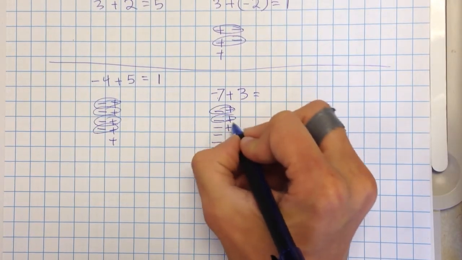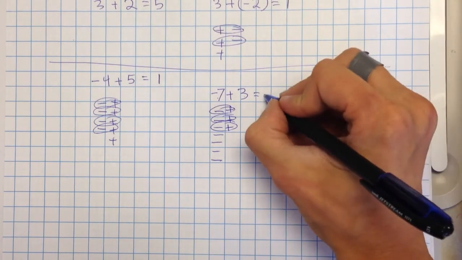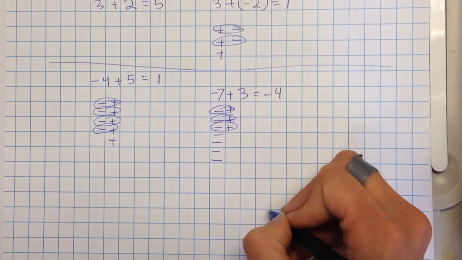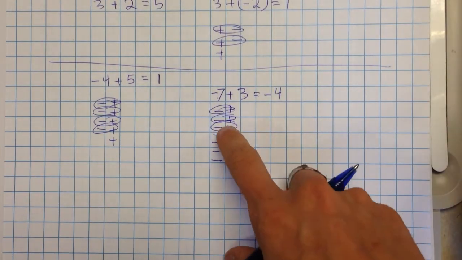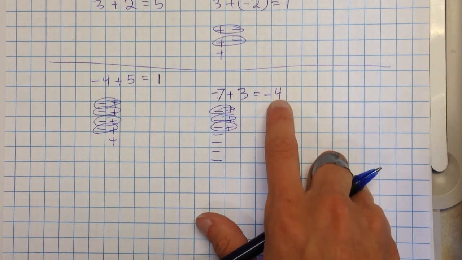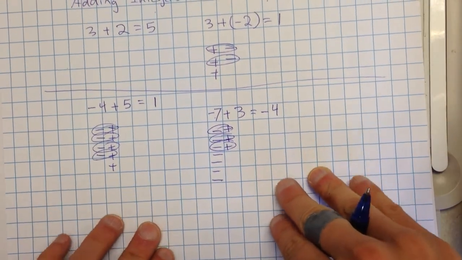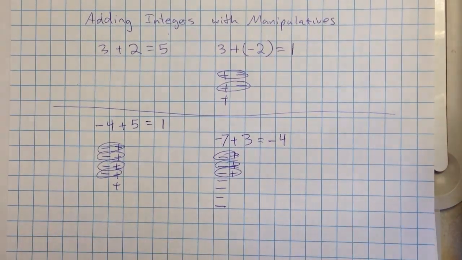Cancel out any pairs. I'm left with 1, 2, 3, 4 negative symbols. So my answer is going to be negative 4. So I can do this using the pieces, or I can just use paper. I will see my answer was negative like I thought it would be. That's how we can add integers using manipulatives or drawing these manipulatives out.